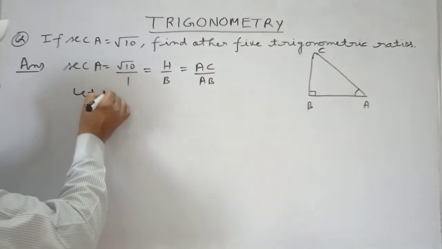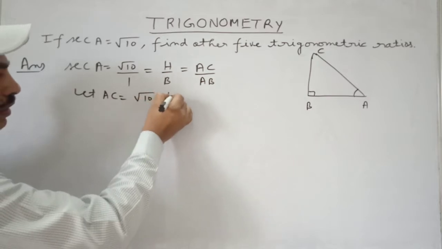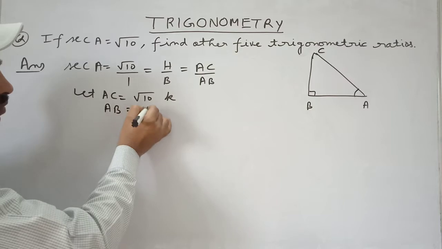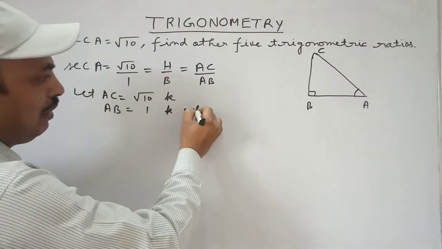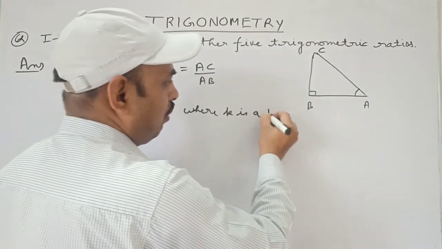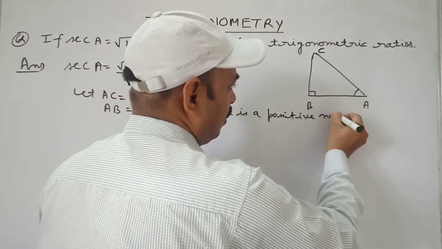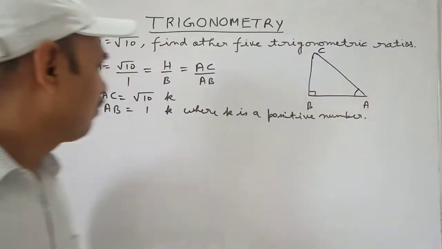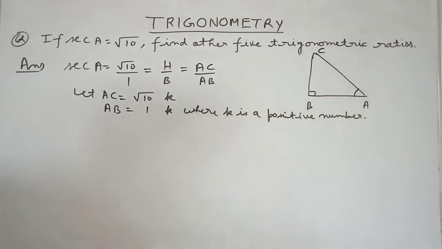Let AC equal to root 10k unit, AB equal to 1k unit, where k is a positive number or positive constant. Now we have to find other 5 trigonometric ratios.